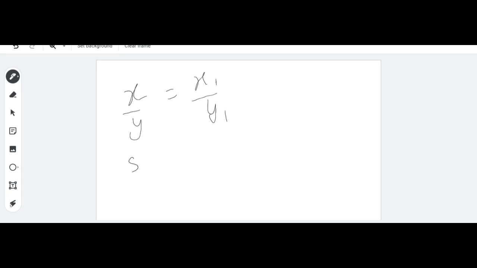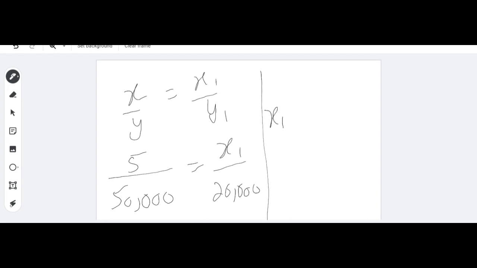That is 5 by 50,000. And for the x1 I don't have, for the y1 I have 20,000. So for the x1 here, 5 multiplied by 20,000 divided by 50,000. Now give me the answer.